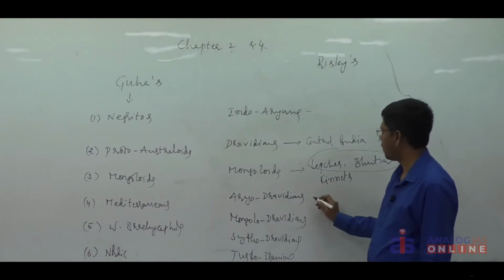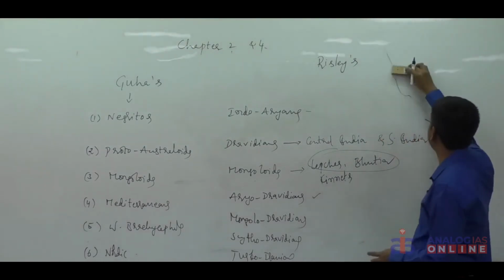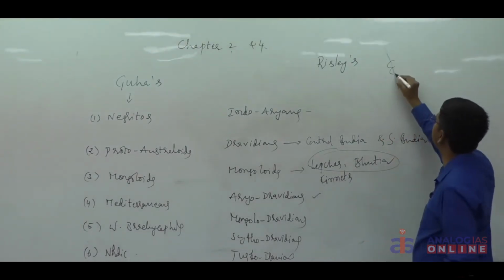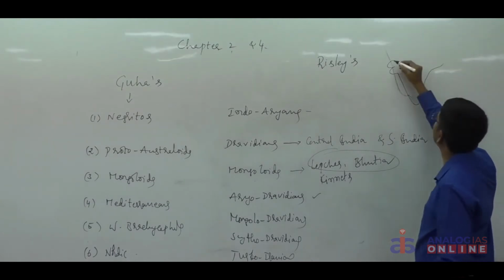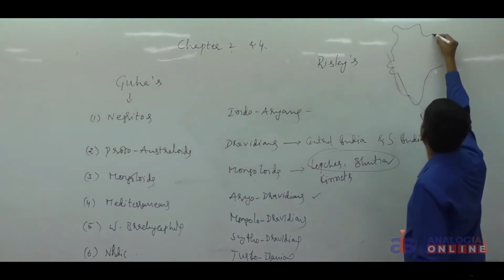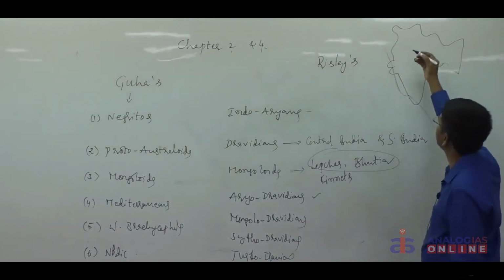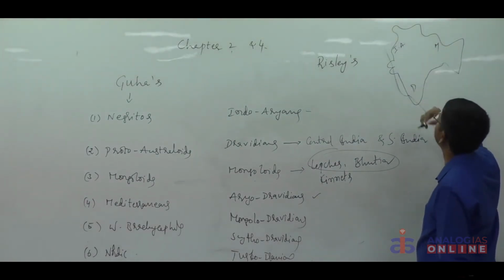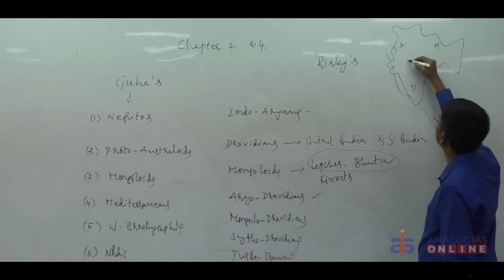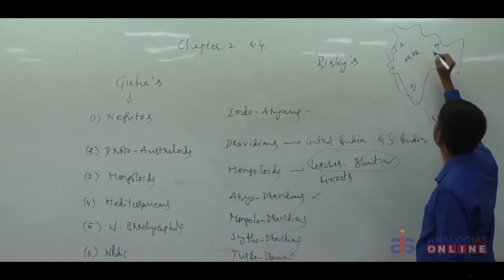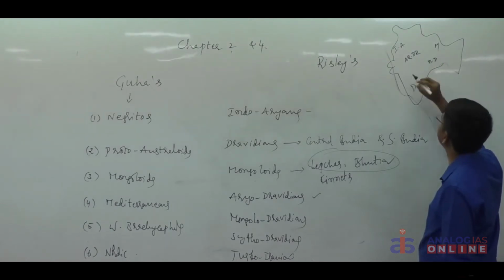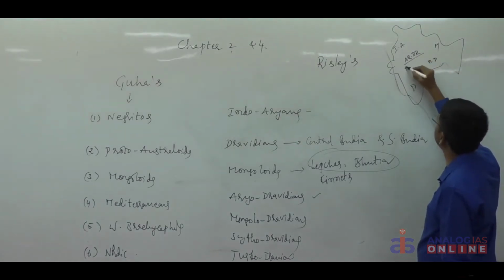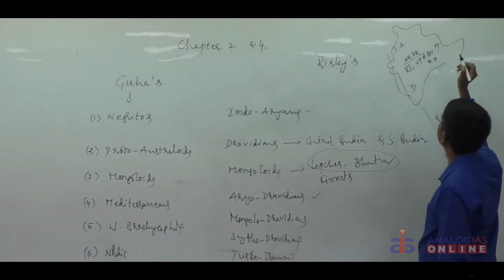Now, Aryo-Dravidians. Previously, I have drawn the diagram. Here Indo-Aryans, here Mongoloids, here Dravidians. Then Aryo-Dravidians, here Mongolo-Dravidians. Aryo-Dravidians means they are there in Rajasthan, Uttar Pradesh and Bihar.